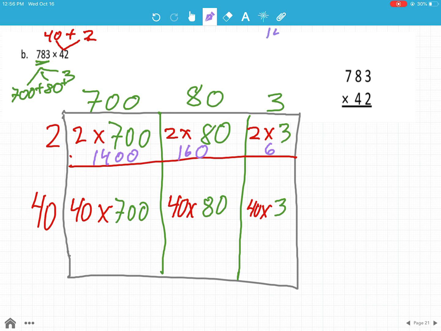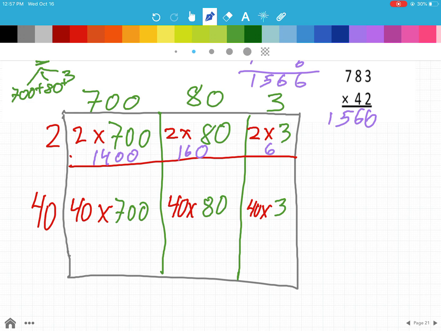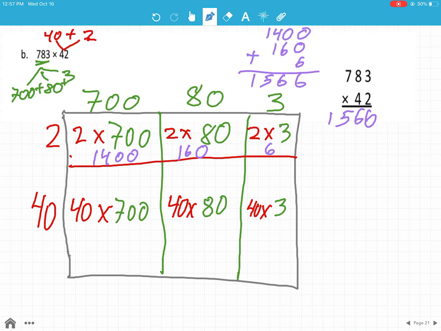I have my 1,400 plus 160 plus my 6, and that gives me 6 ones, 6 tens, 5 hundreds, and 1,000. All right, so now I have my 7 times 4 is 28, 3 zeros. 4 times 8 is 32, 2 zeros. 4 times 3 is 12 with 1 zero.